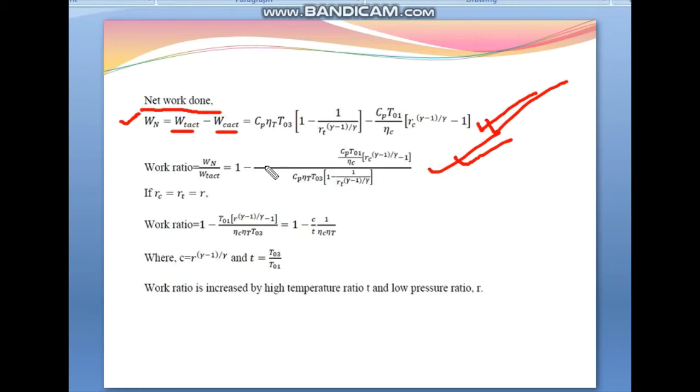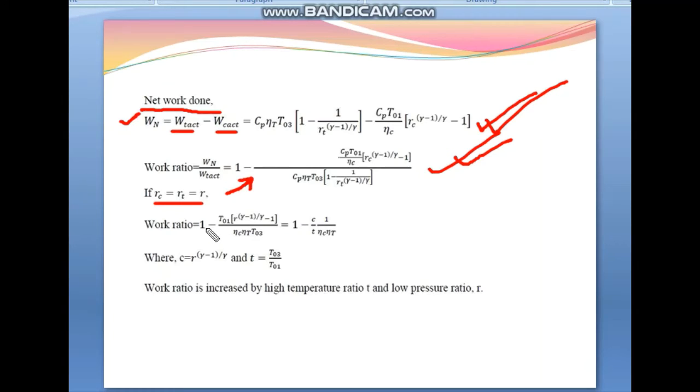So if we assume that the pressure ratio in case of compressor and in case of turbine is equal, that is equal to R, and substitute this R_C = R_T = R value into this work ratio equation, let's see what we get.